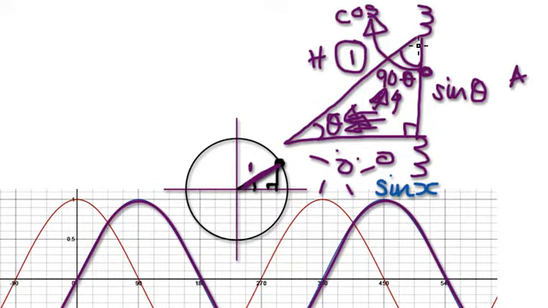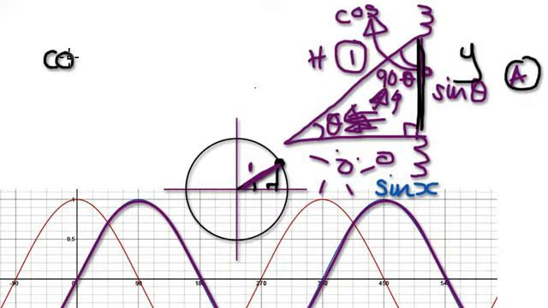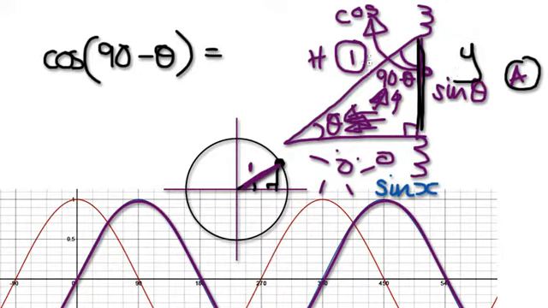Because we are using this angle here as a reference point, this here is your adjacent. If you want to know this height here, let's just call it y, it will be cos of the angle, which is 90 take away theta, equals y over the hypotenuse, which is 1, which is just y.